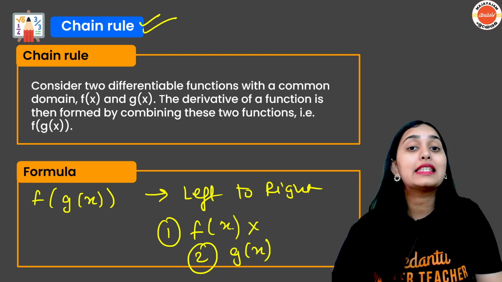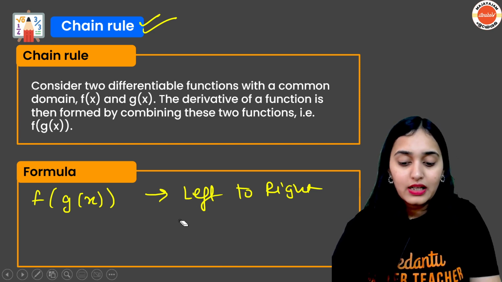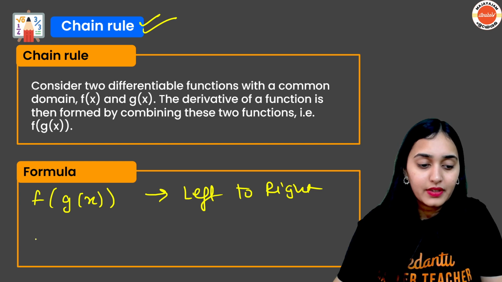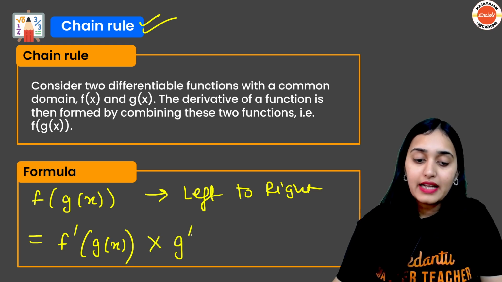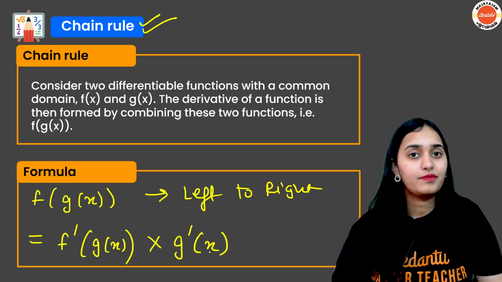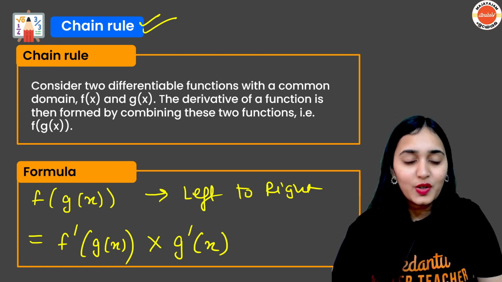That is what is chain rule. So how we apply chain rule? Chain rule will be f dash of gx into g dash of x. Dash means differentiating it.